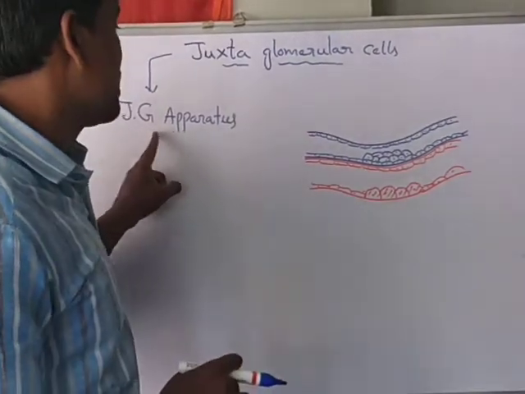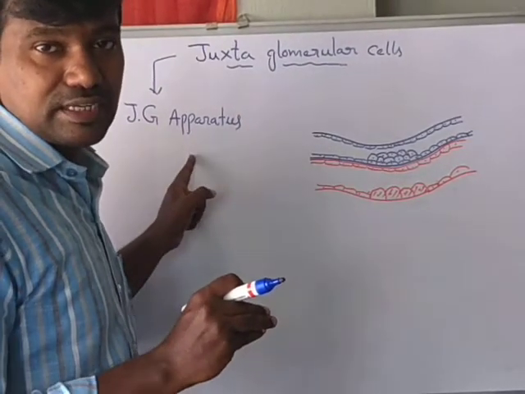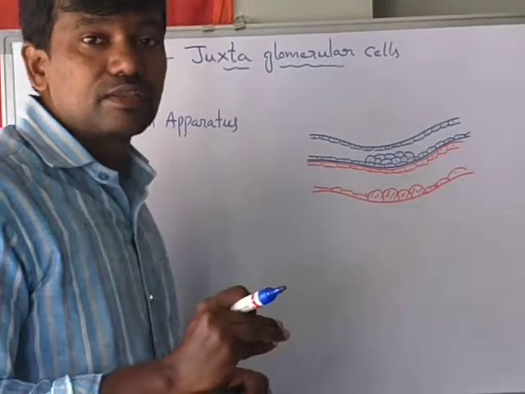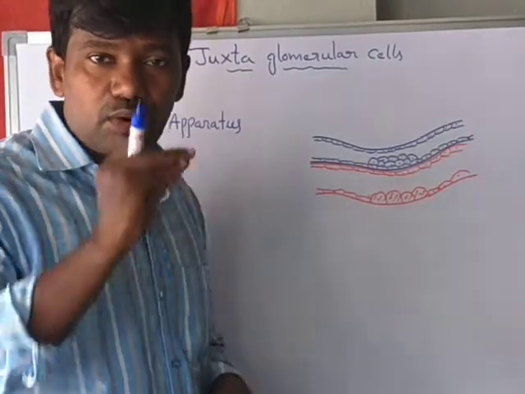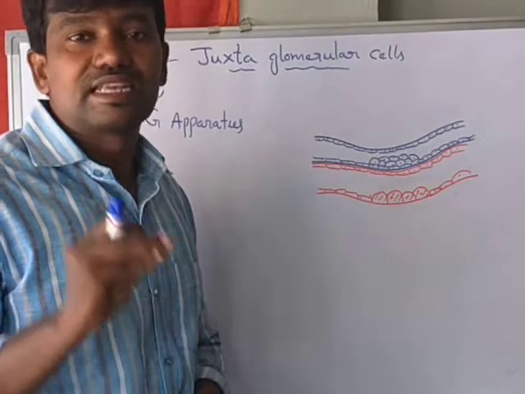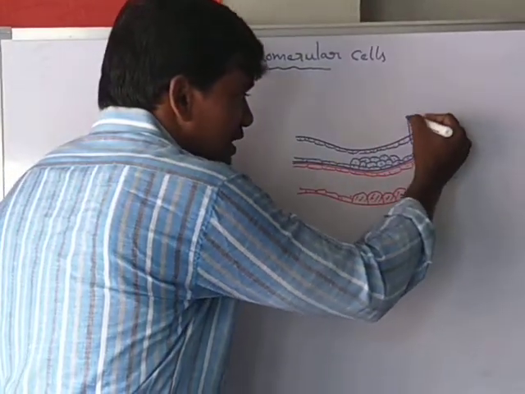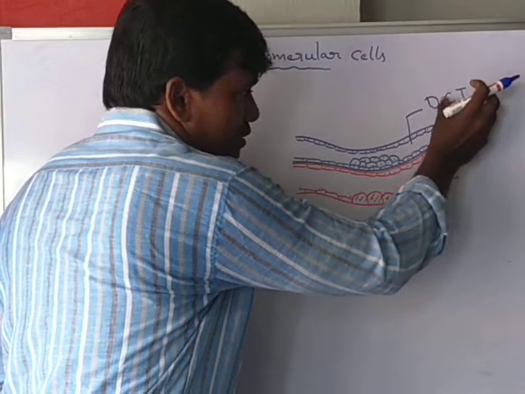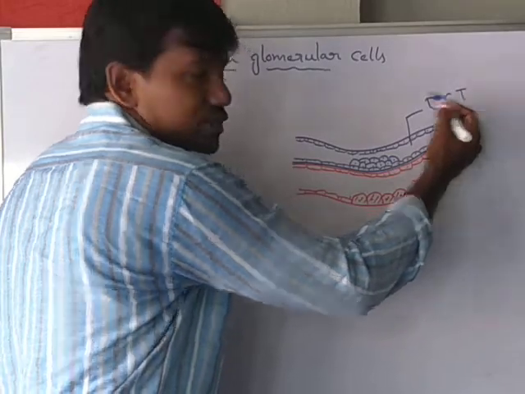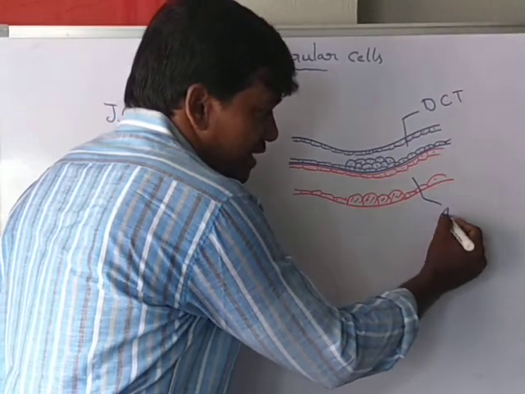This region is present where the afferent arteriole is in contact with the distal convoluted tubule. So this is the DCT, the distal convoluted tubule, and this one is the afferent arteriole.